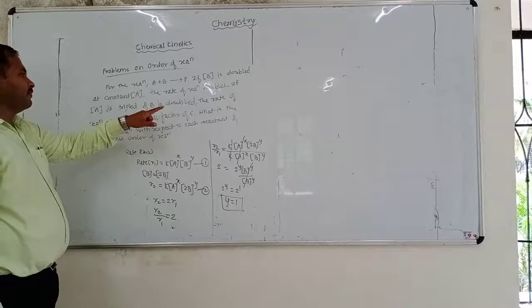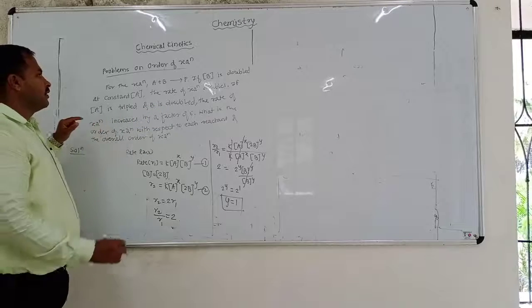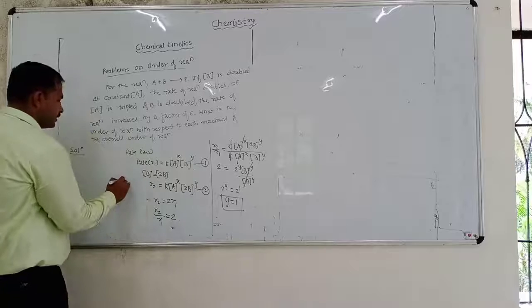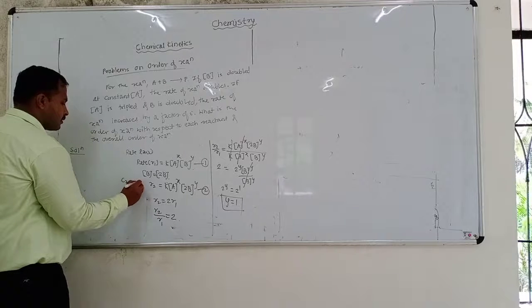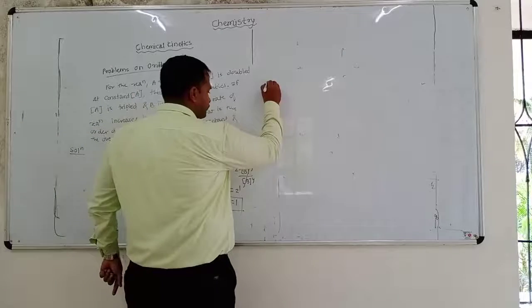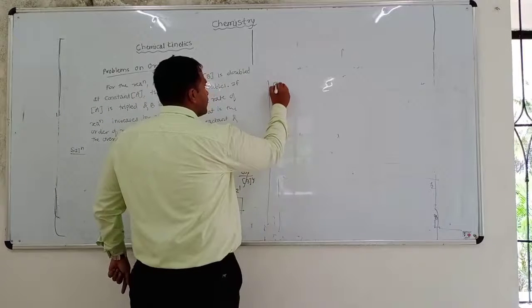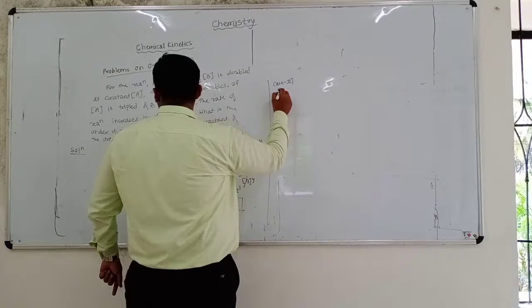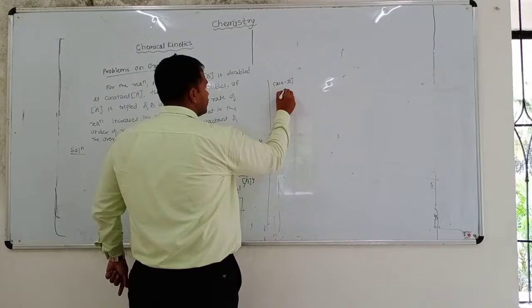दुसरी केस काय दिलेली आहे, the rate if concentration of A is doubled, this is the case first. Case second, concentration of A is tripled.